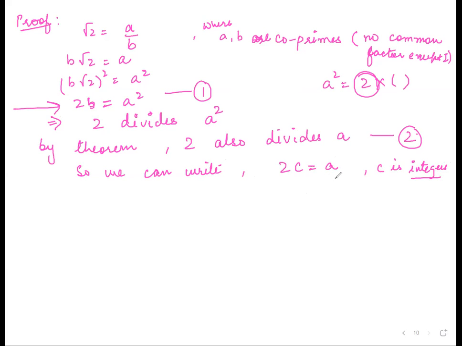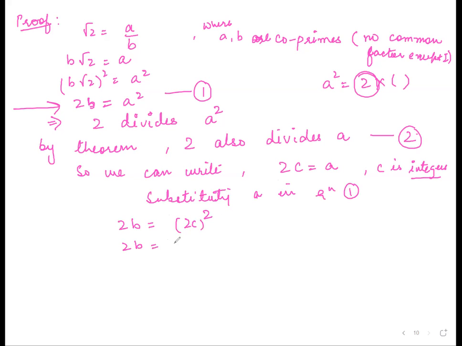Now I can substitute this value of A in equation number 1. So substituting A in equation number 1, I can write 2B is equal to A square, means 2C whole square, correct?